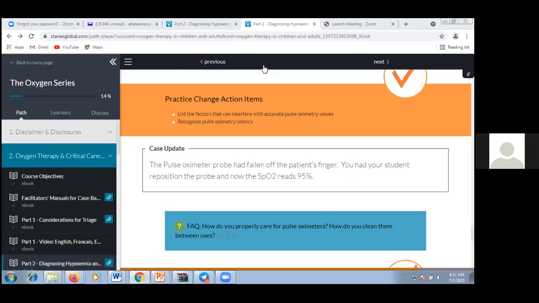Patients in shock by itself is also an indication for oxygen therapy. So using your clinical judgment, you can administer oxygen. It's one of the limitations of pulse ox in such low cardiac output states.